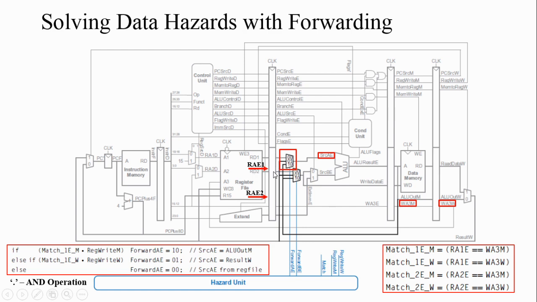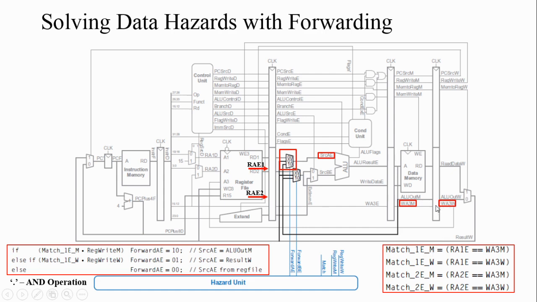You are incorporating a pipeline register between two stages. So if this input to the pipeline register is equal to the data which is coming from the memory stage, if you are trying to forward the data from the memory stage, the write address will be the same as the write address coming from the memory stage. If that write address is equal to the input of the ALU, the input of the execution stage, then Match 1E M will be set.